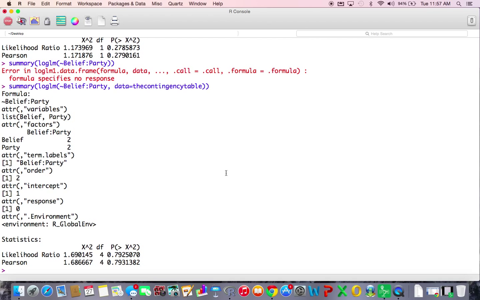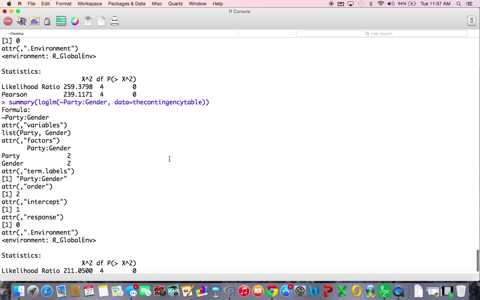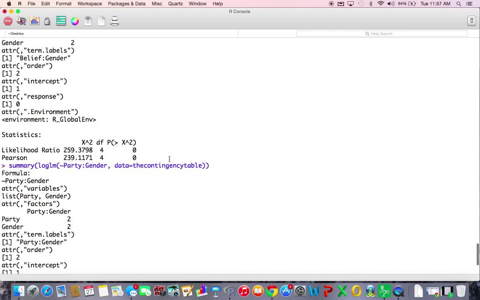And I don't get statistical significance. So let's look across belief and gender. I do get statistical significance. And let's look across party and gender. And I do get statistical significance.